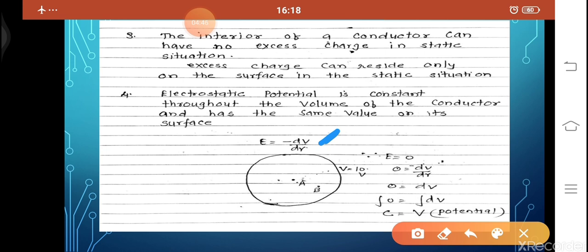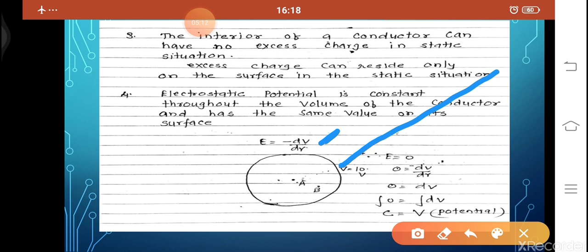What does it mean? If we bring a charged particle from infinity to the surface of the conductor, that work done will be stored in the form of potential.